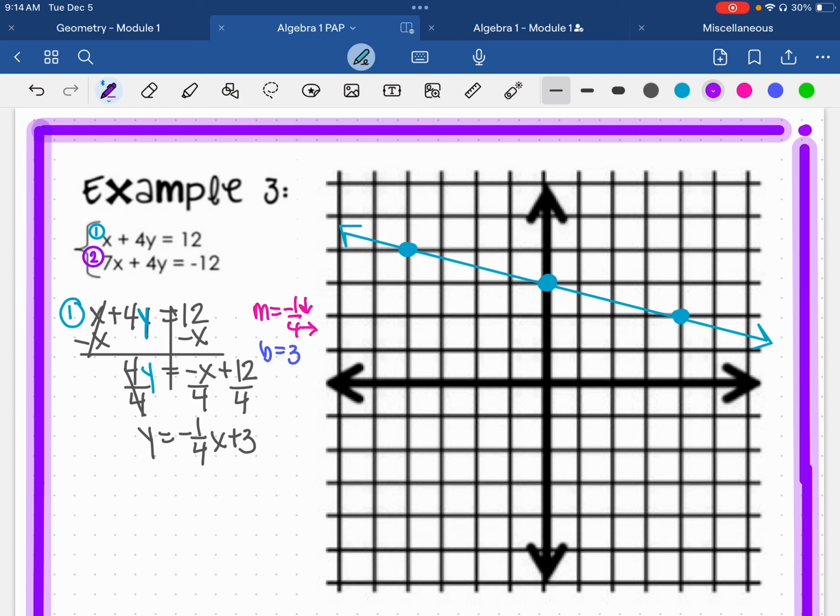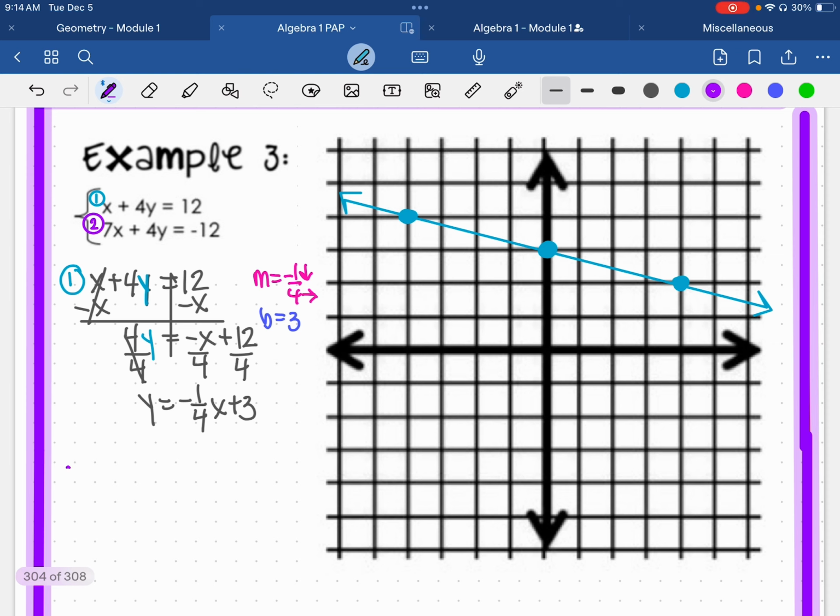Now let's go ahead and take a look at equation number 2. It looks like I'm going to have to do the same thing. I'm going to have to move that 7x and I'm going to have to divide by the number in front of the y. Remember, you're never combining these two together.